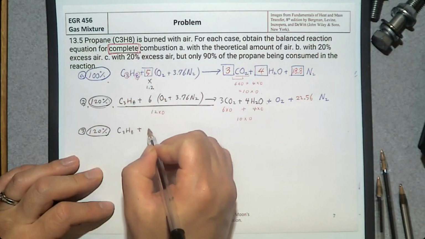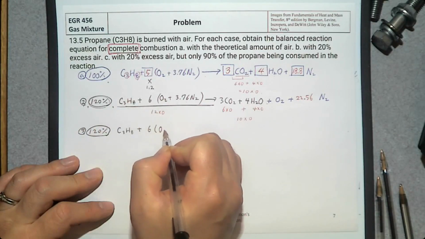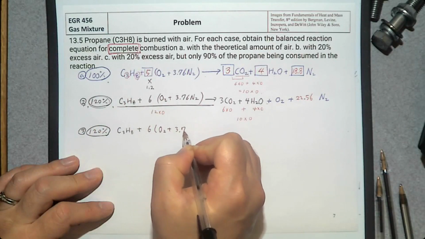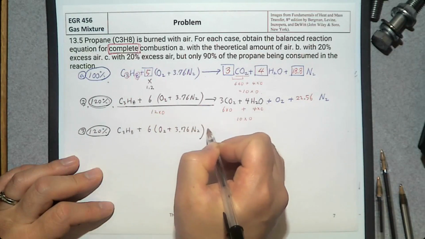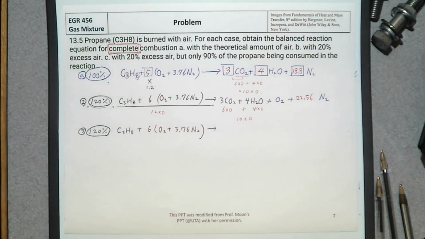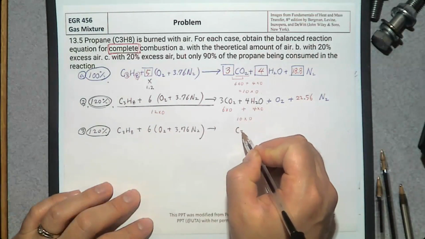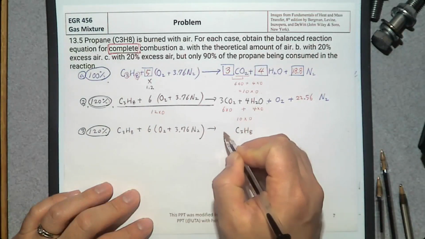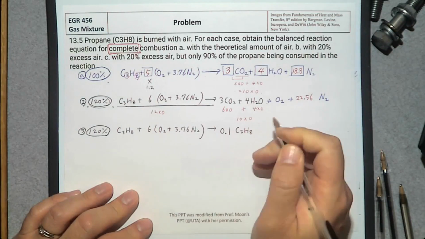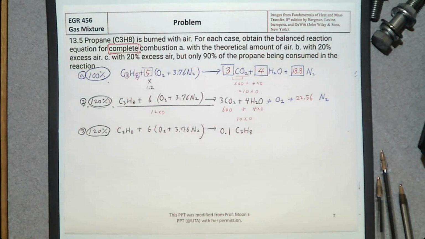We have a 120%, 6 times oxygen and 3.76 nitrogen. But this time, 10% of propane hasn't been consumed. So we have propane left over here. How many? 10%. So 0.1 moles of propane left over.